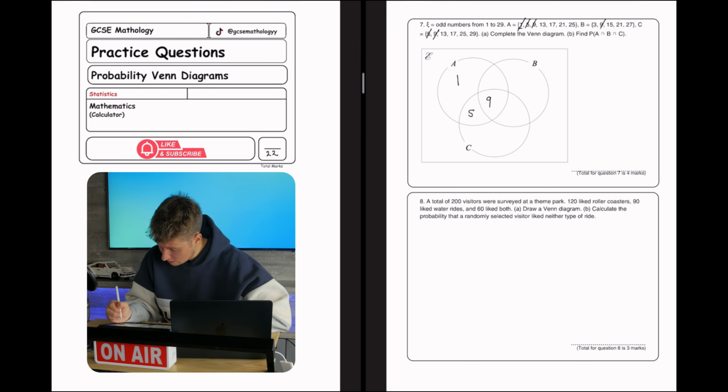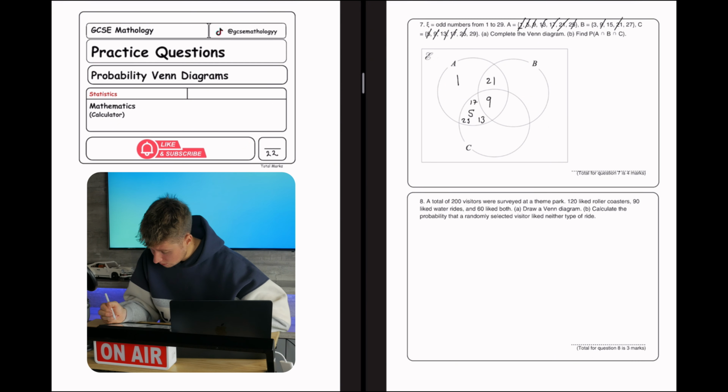And the next one is 13. 13 is included in A and C. And then we look at 17. 17 is included in A and C. The next one is 21. 21 is included in A and B. We look at 25. 25 is included in A and C. And then we look at the remainder of the numbers.